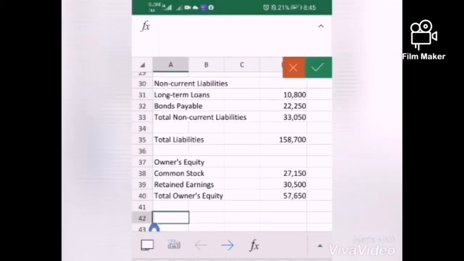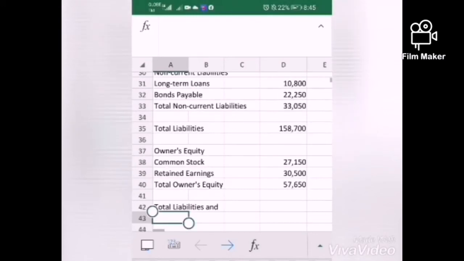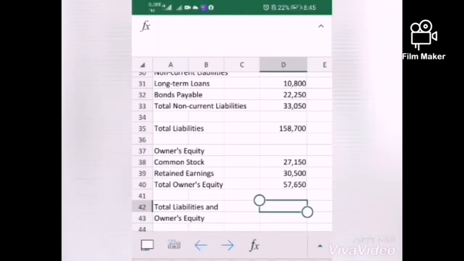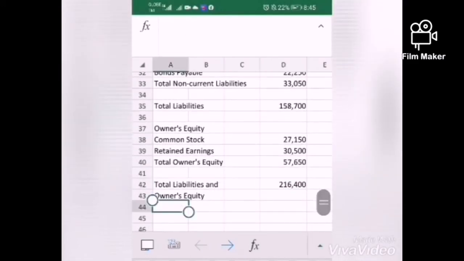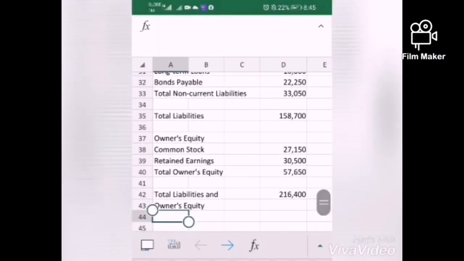Next, add your total liabilities and your total owner's equity. So it will give us a total liabilities and owner's equity of 216,400. Make sure that the total liabilities and owner's equity is equal to your assets.